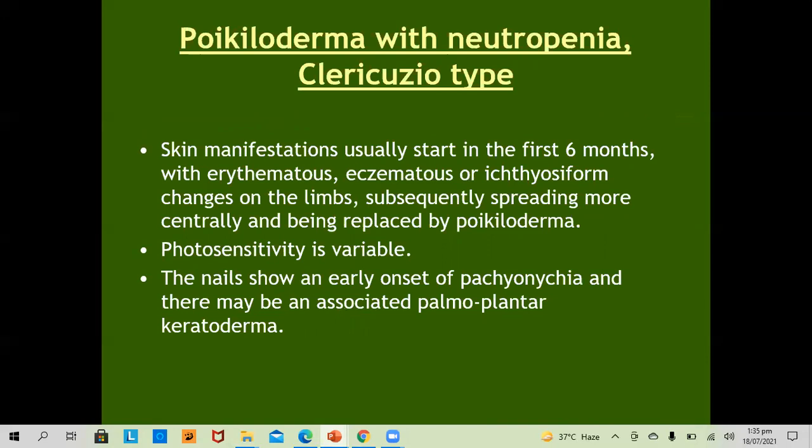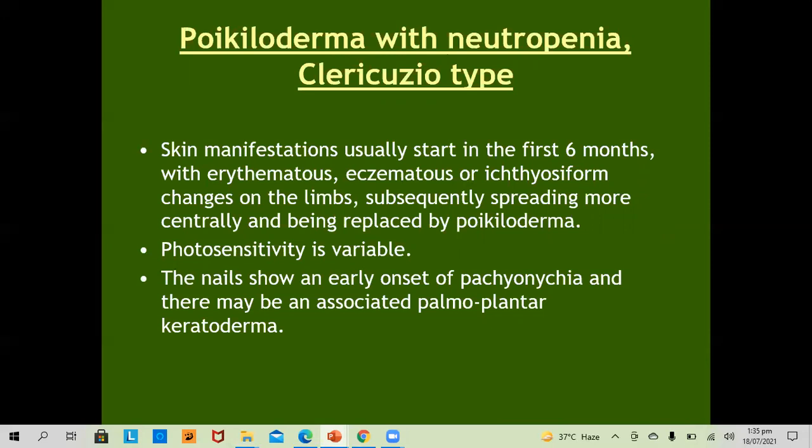Then poikiloderma with neutropenia, the Clericuzio type. Skin manifestations usually start in the first 6 months with erythematous, eczematous, or ichthyosiform changes on the limbs, subsequently spreading more centrally and being replaced by poikiloderma.